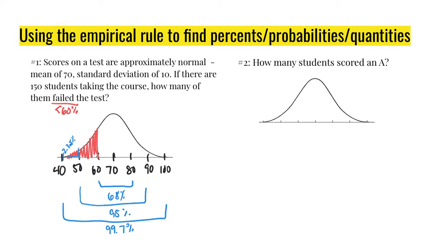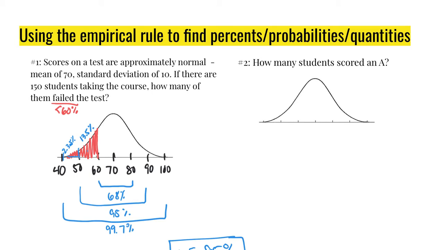And then in this little portion right here, 13.5%. Sorry, I had to go back and reference that, which is totally fine. I'm going to go ahead and add those values up. I've got 2.35 plus 13.5%, and I'm going to get a total of 15.85% of students failed the test.